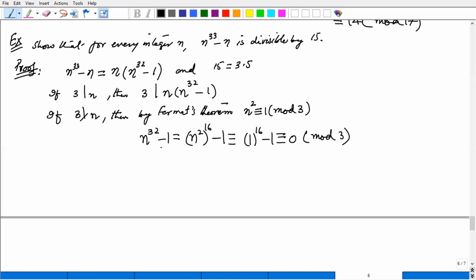So n to the power 32 minus 1 is congruent to 0 modulo 3.